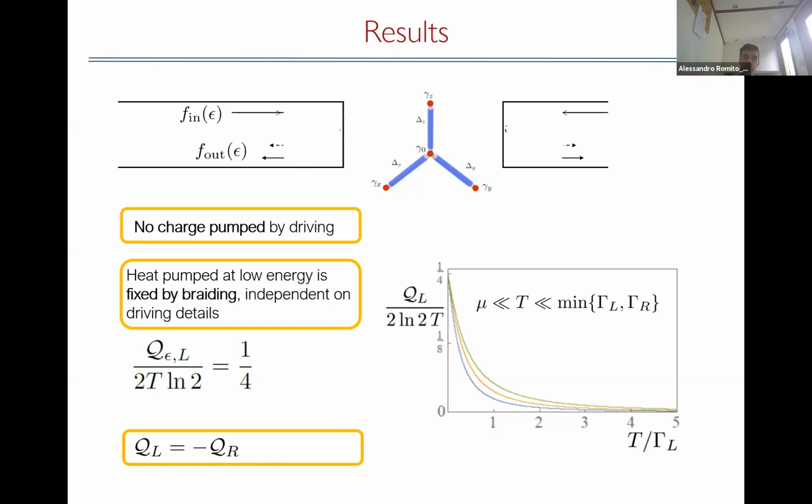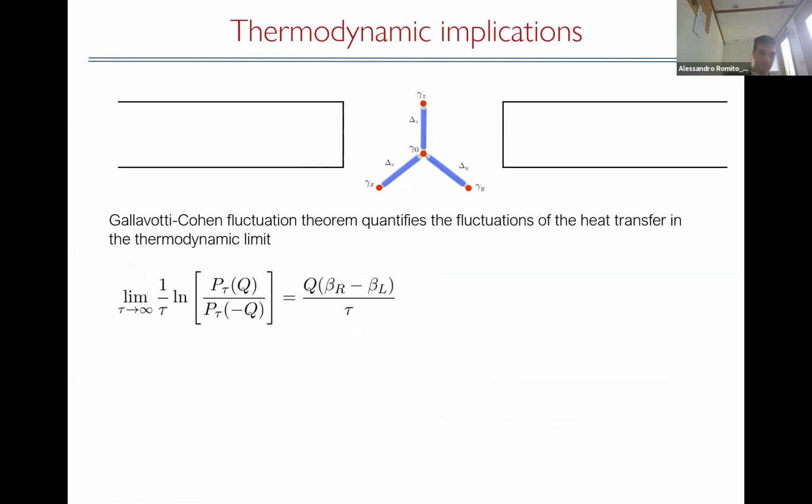I think I have a few more minutes, so maybe I can tell you a bit more about that. Once we realize that you can drive a system in a cycle and transfer heat from one reservoir to the other, we thought about asking a bit more about the thermodynamic properties beyond the average current of this process.